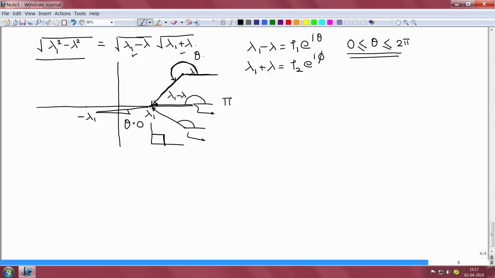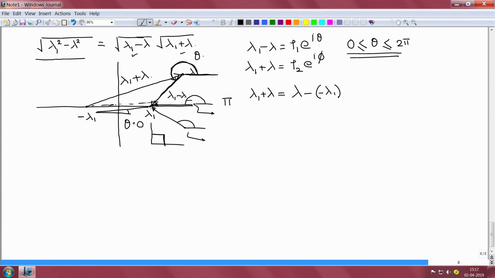Next, lambda plus lambda 1. So lambda plus lambda 1 can be written as lambda minus minus lambda 1. Then I have the base sitting at minus lambda 1 and I join lambda from here. So that is my lambda 1 plus lambda. This is very simple now. It begins here.